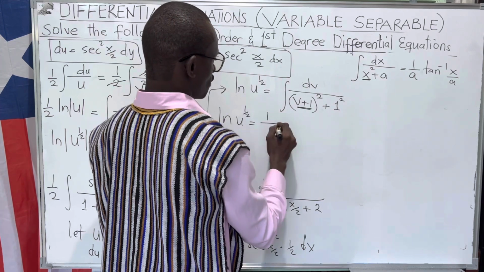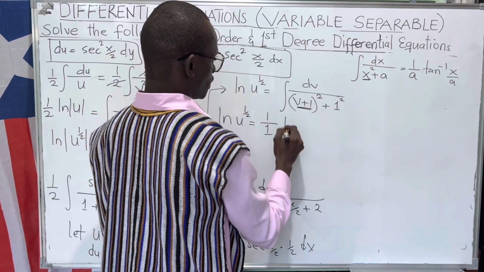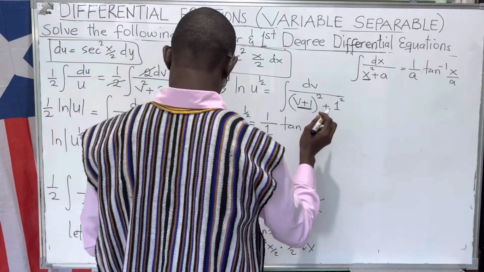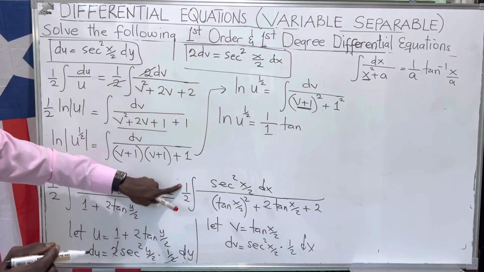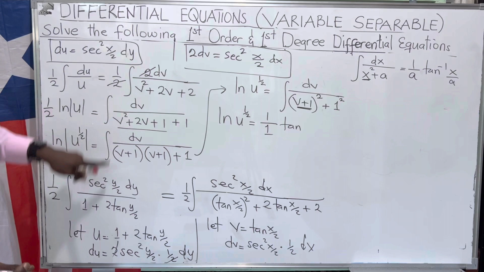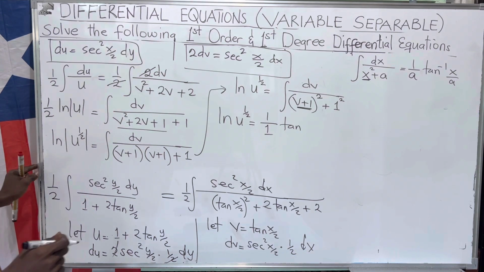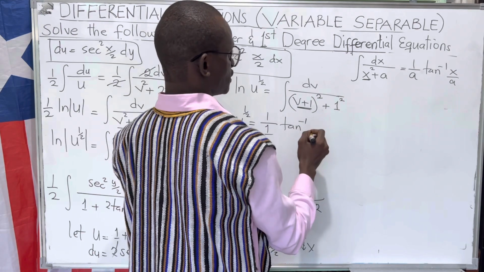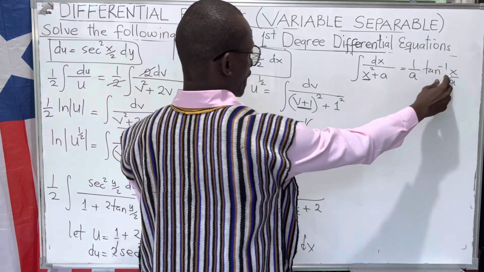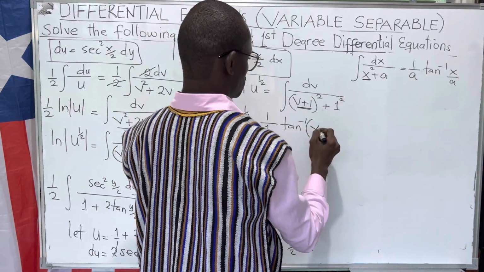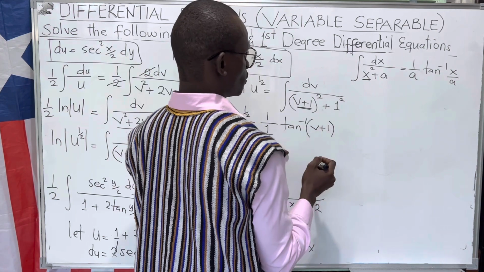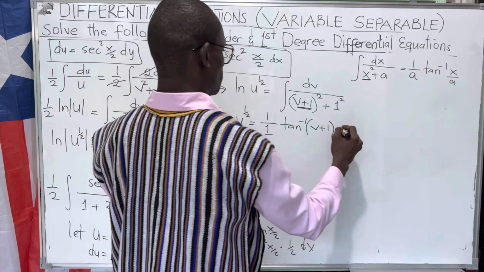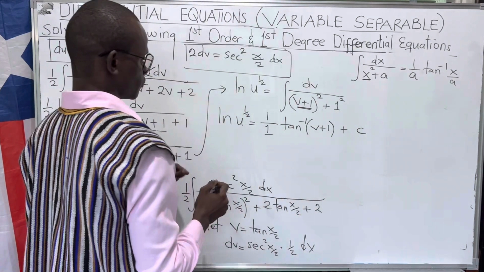This is 1 over a, and our a is 1. Tangent inverse of, what is our x? Our x is v plus 1, and then divided by a, which is just 1, plus some arbitrary constant c.